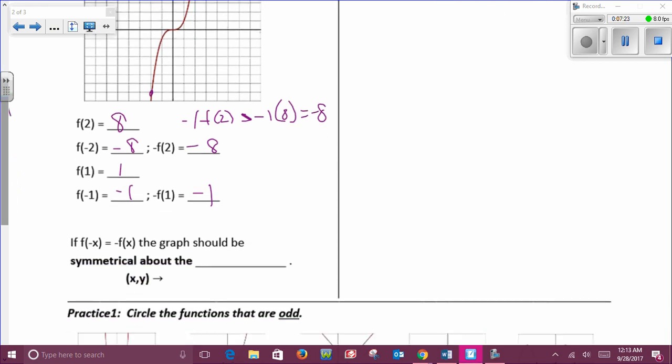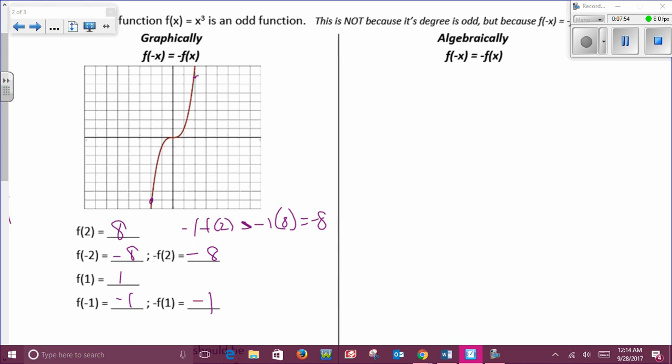So if f of negative x equals negative f of x, the graph should be symmetric about the origin. So that means that x, y maps to negative x, negative y.